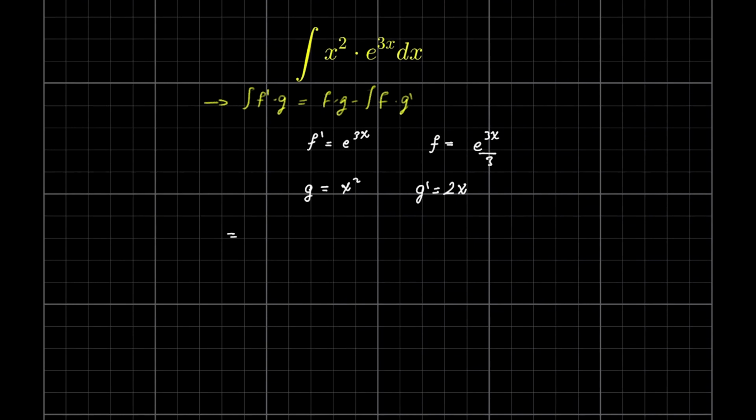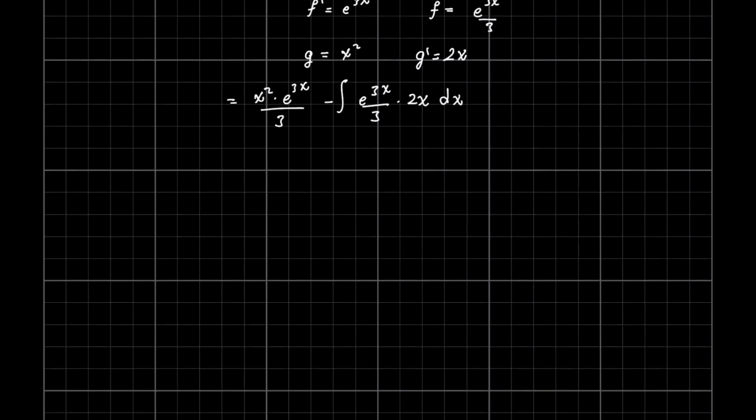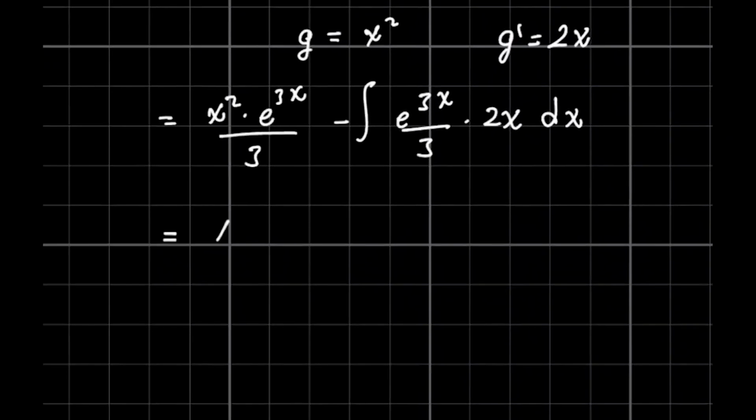Here I substitute in my values, so I will have x squared multiplied with e to the power of 3x over 3 minus the integral of f, and f is e to the power of 3x over 3, multiplied with 2x dx. Now I can simplify this, rewrite it in another way. I'll have x squared multiplied by e to the power of 3x over 3 minus 2 over 3, which I can pull outside the integral, e to the power of 3x times x dx.